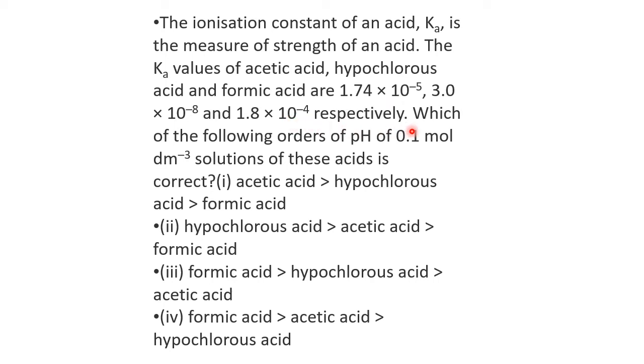Now the question is, which of the following orders of pH of 0.1 mole per dm cube solutions of these acids is correct? Please go through this order. Now, tell me which one is the correct answer.